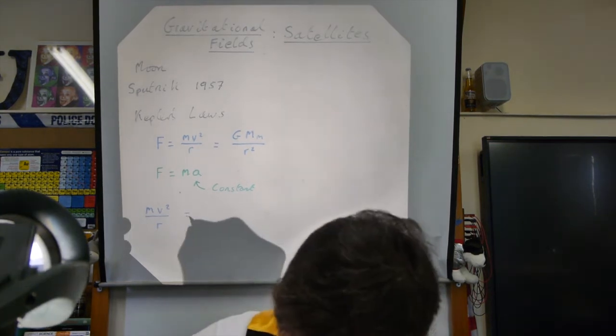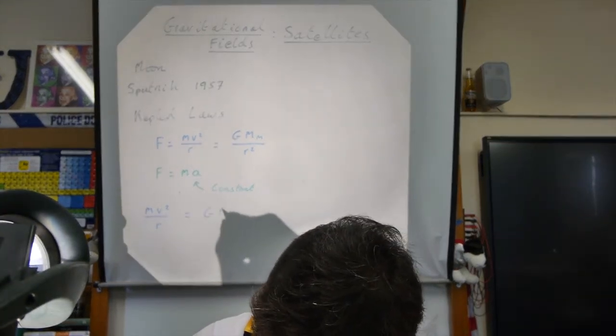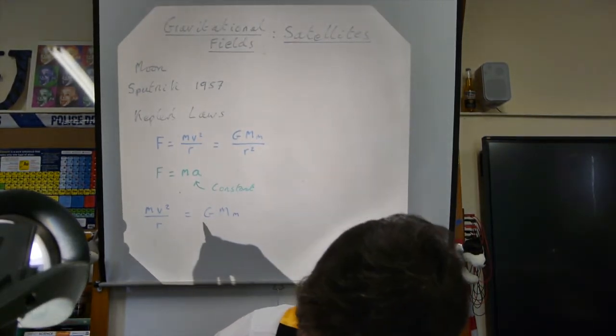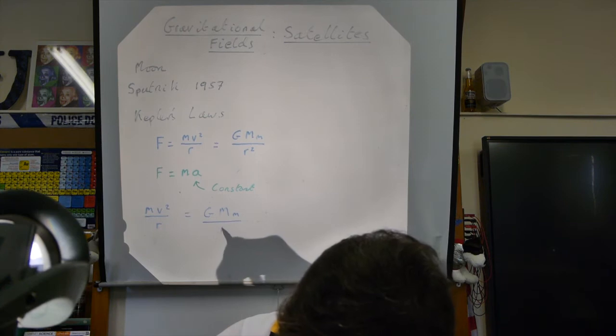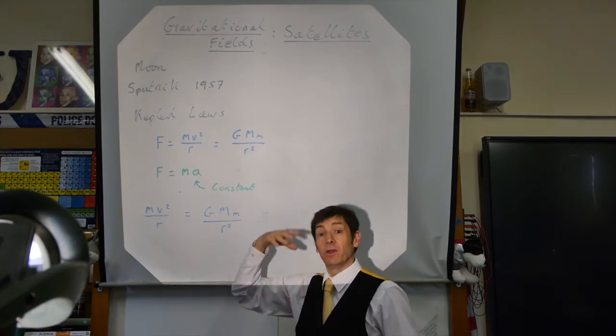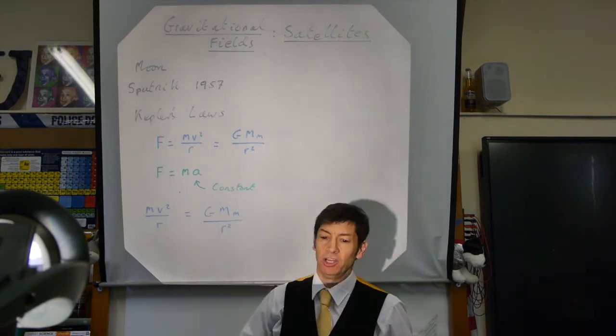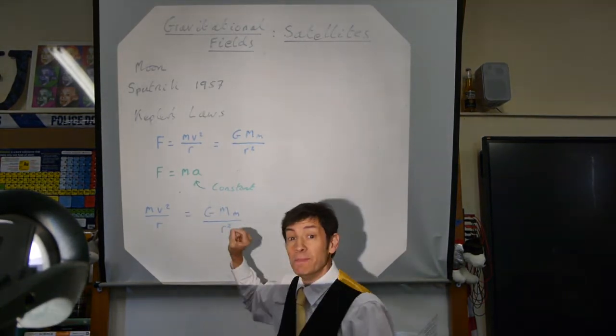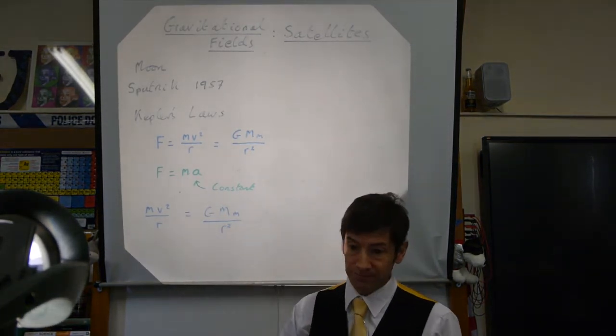And we know that that's equal to G, the mass of what it's going round, multiplied by its mass, divided by the distance from the centre of the point mass that it's going round, assuming the satellite's a much lower mass, so the centre of gravity, as it were, is right in the middle of the object it's orbiting.